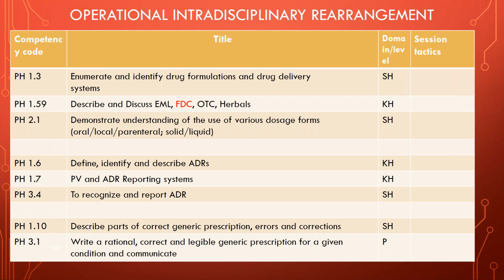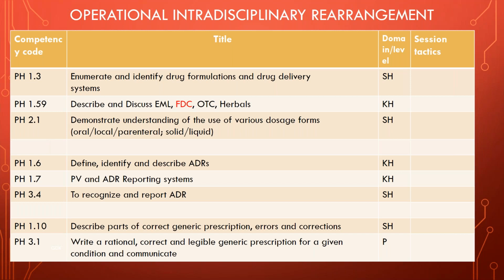So when we are writing these competencies, the competencies have already been prescribed. So far as this subject is concerned, pharmacology competencies have already been prescribed, and you will understand when you look at these prescribed competencies. Here also the action verb is important, because any competency you can think of is action oriented.